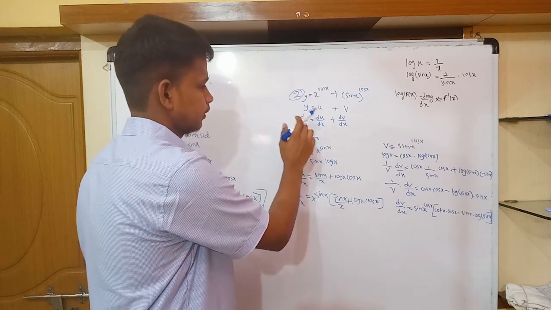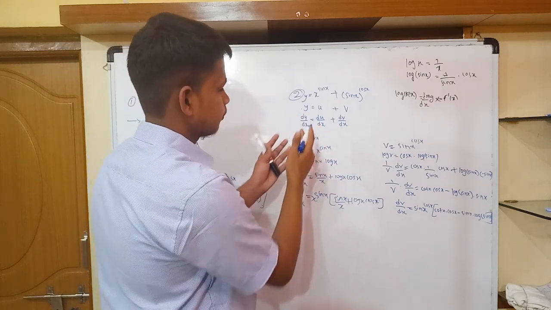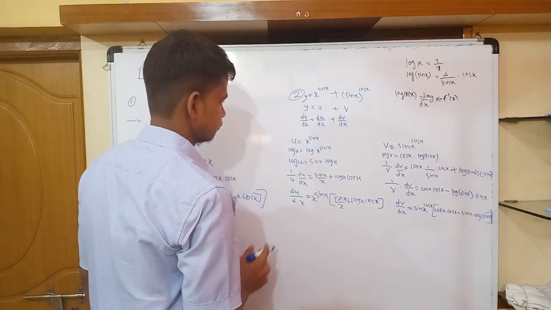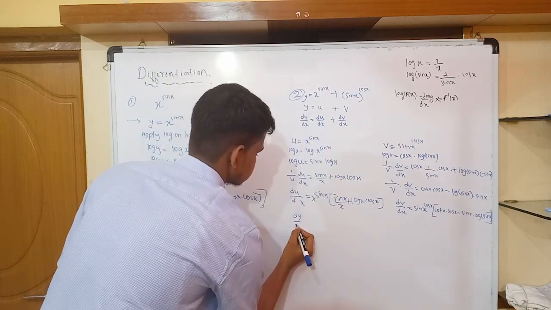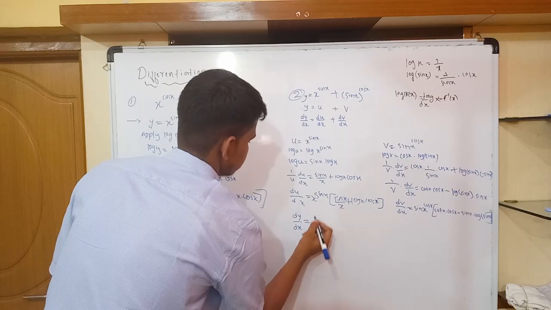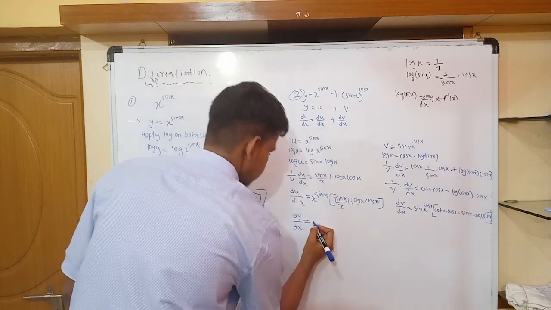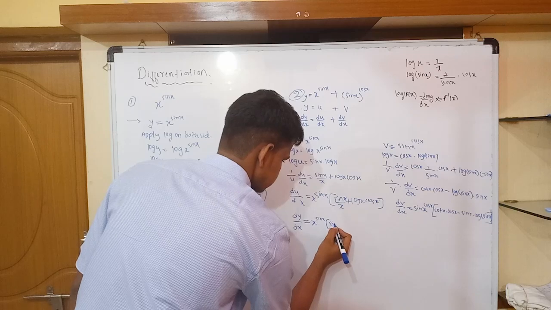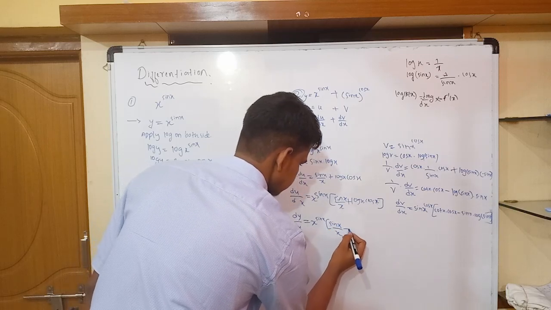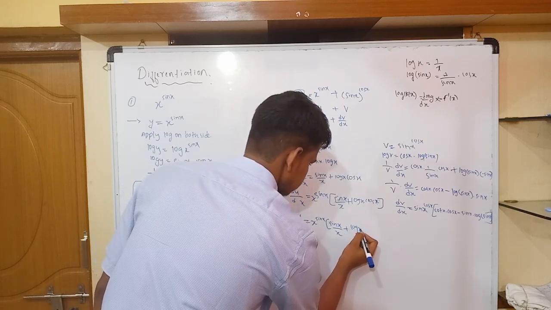Now we have to find the derivative of y. To find the derivative of y, we have to add the derivative of u and the derivative of v. As you already know, dy by dx equals du by dx, which we have got as x raised to sin x into sin x by x plus log x into cos x.